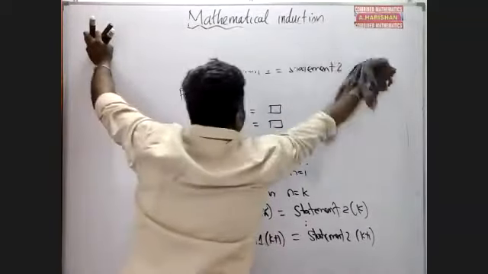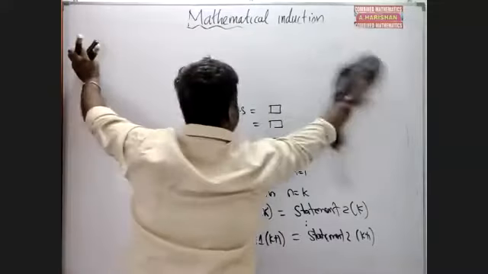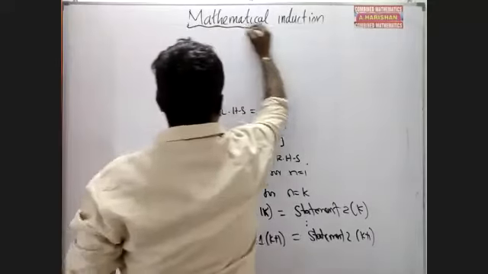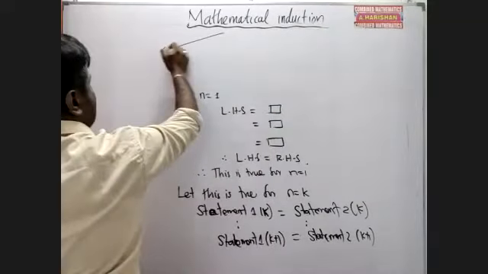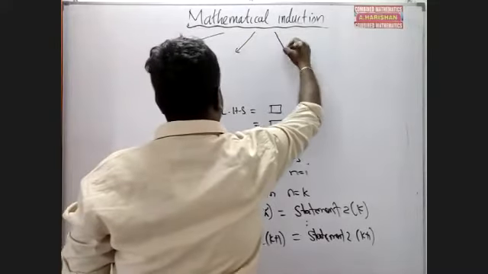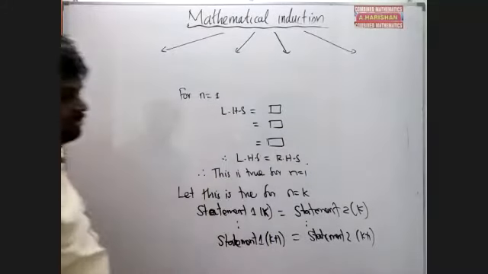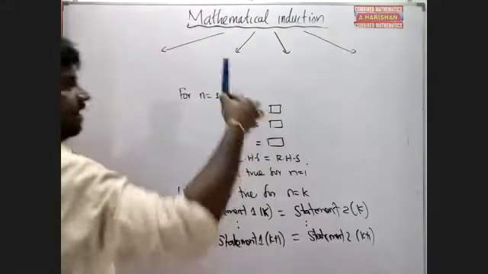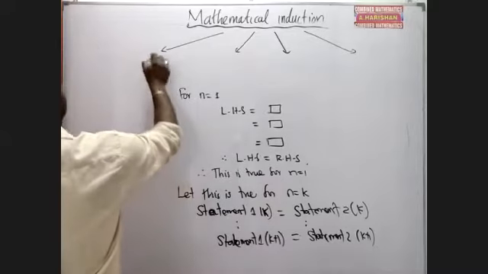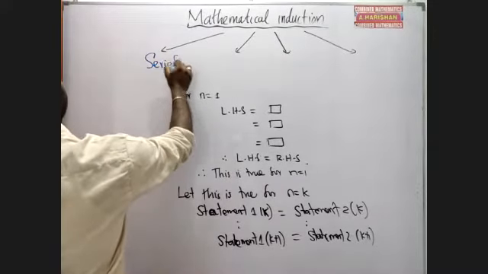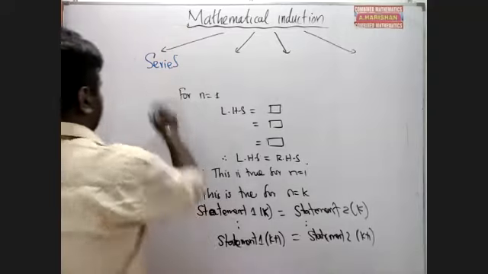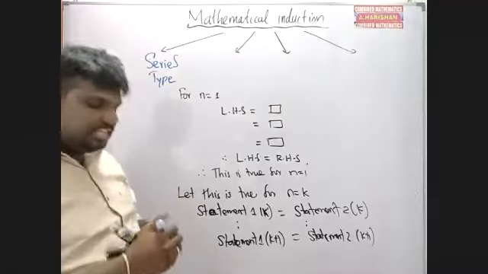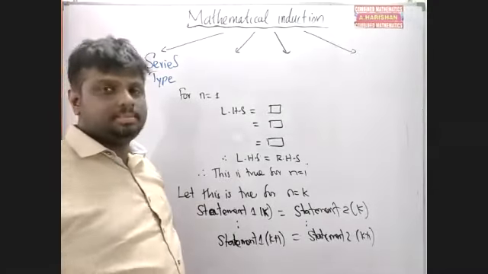Before we go to the examples, how many types of questions are there in mathematical induction? There are 4. So in the map, I can say mathematical induction. The first one, series type question. That's why you need to learn the series before you learn mathematical induction.